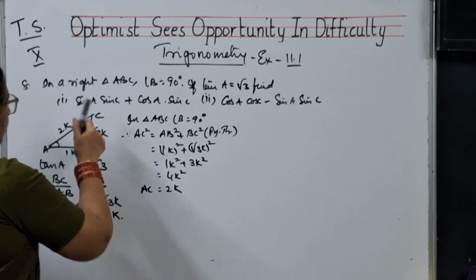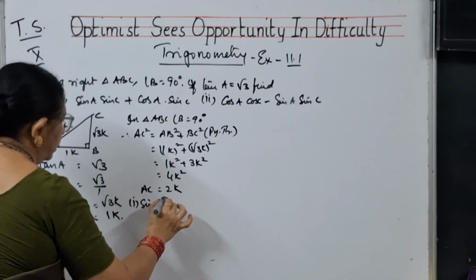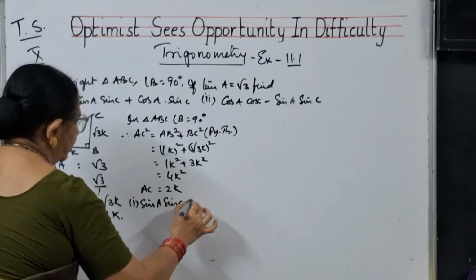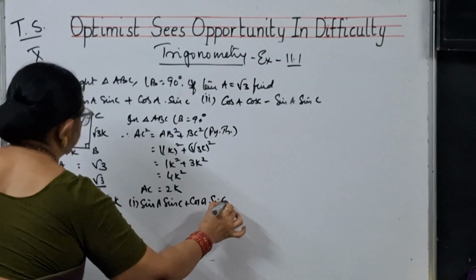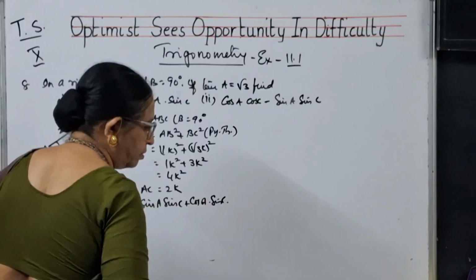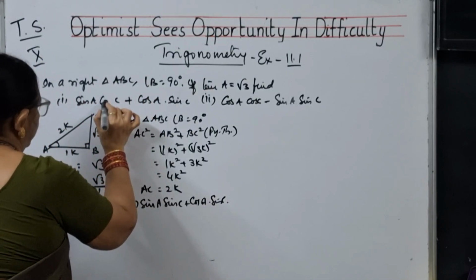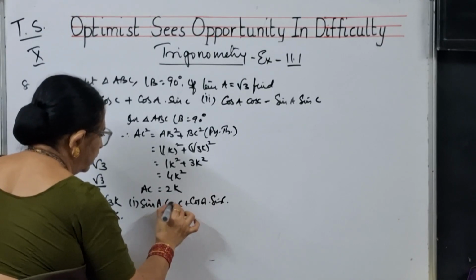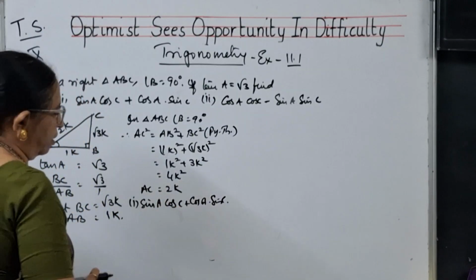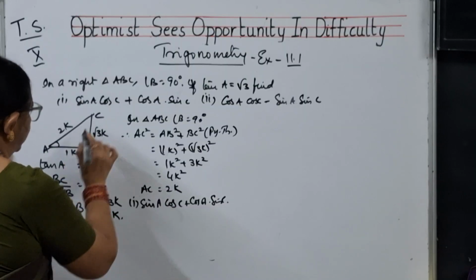Now we have the first bit. Sin A into cos C plus cos A into sin C. So what is sin A, children?